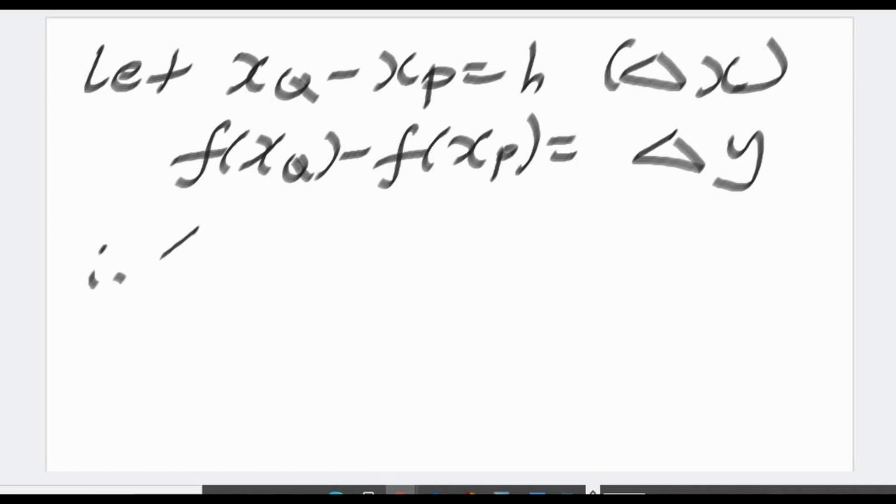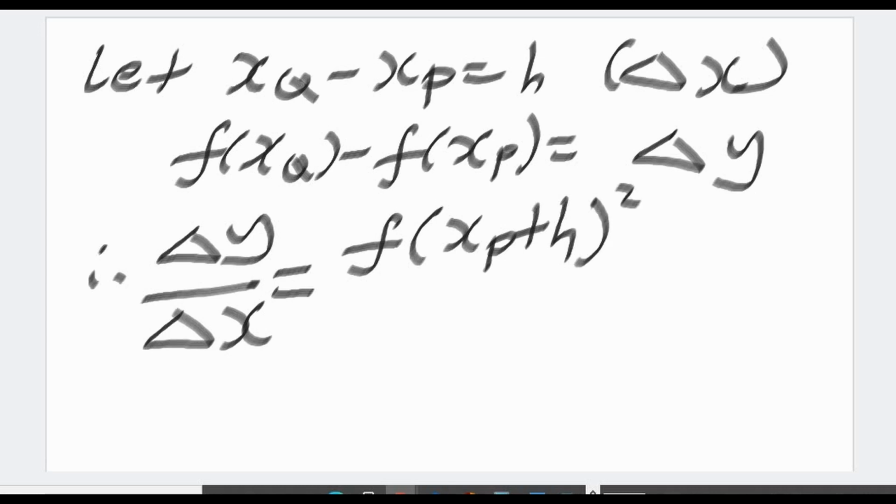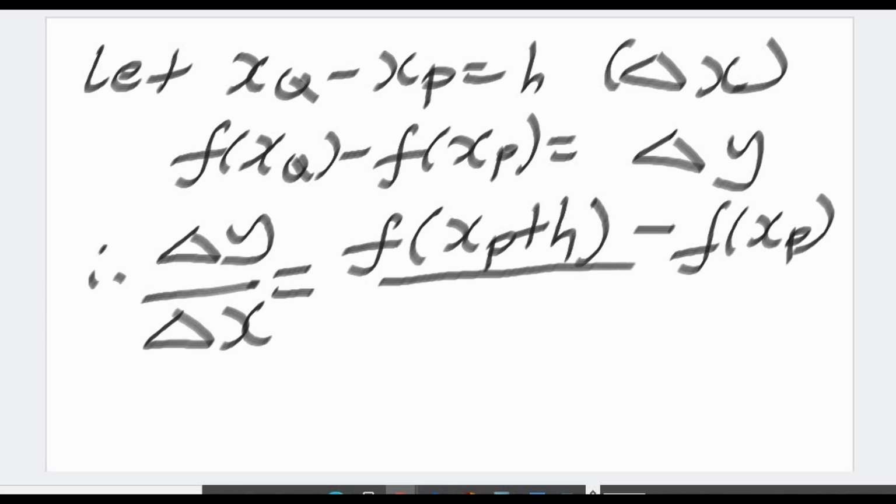Hence, the ratio we're calculating, that is delta y over delta x, equals f of xp plus h, because if you rearrange this equation, xq equals xp plus h, minus f of xp, over the interval h.